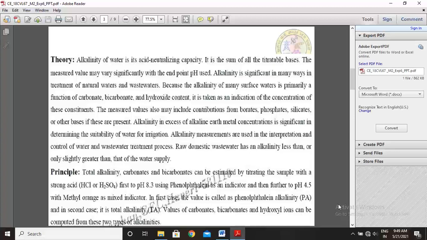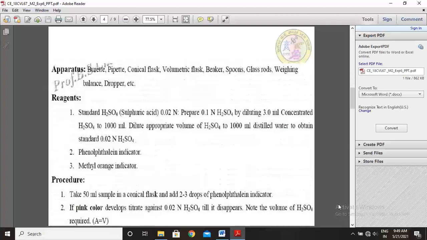In the first case, the value is called phenolphthalein alkalinity, PA, and in the second case it is total alkalinity, that is TA. Values of carbonates, bicarbonates and hydroxyl ions can be computed from these two types of alkalinities. So this is the principle of this experiment.